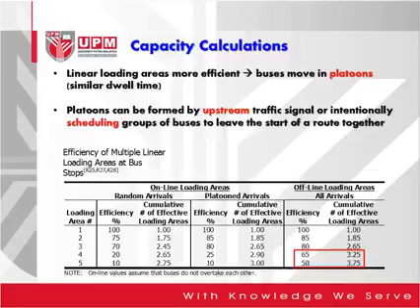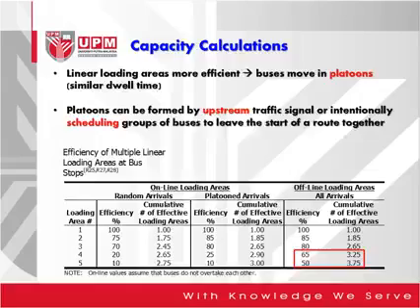But when we move to 4 loading areas or 5 loading areas, you can still maintain 65 and 50, but for platoons it already dropped to 25 and 10. So this also indicates how the offline bus stop can increase the capacity of the bus stops.